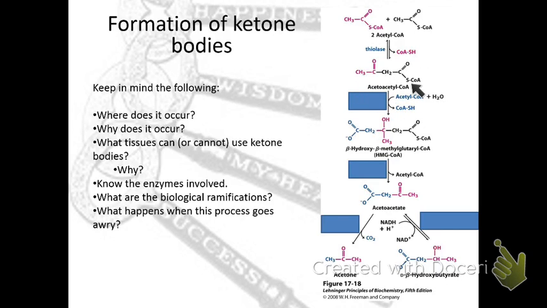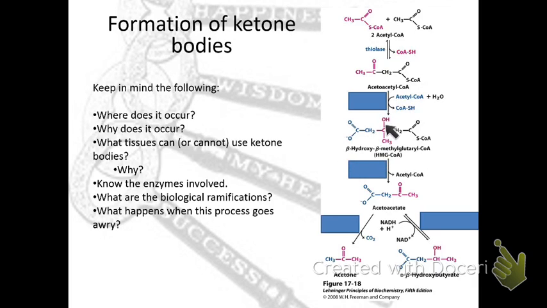Now we have acetoacetyl-CoA, and what happens here is another acetyl-CoA actually comes in and adds the acetyl group and releases one coenzyme A, which is important. So now we have this huge name, beta-hydroxy-beta-methylglutaryl-CoA, which they usually abbreviate as HMG-CoA.